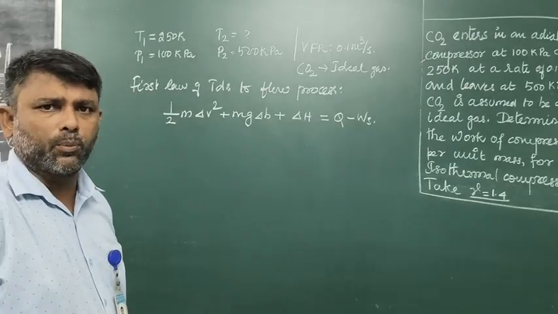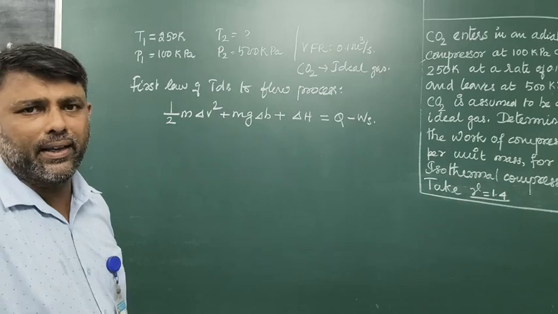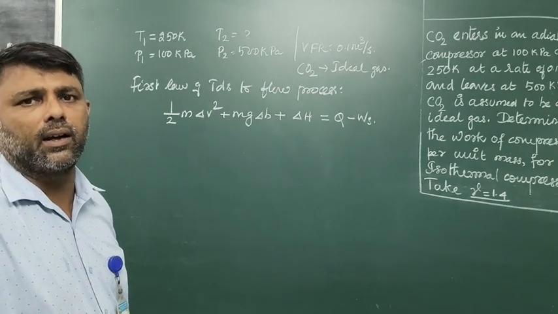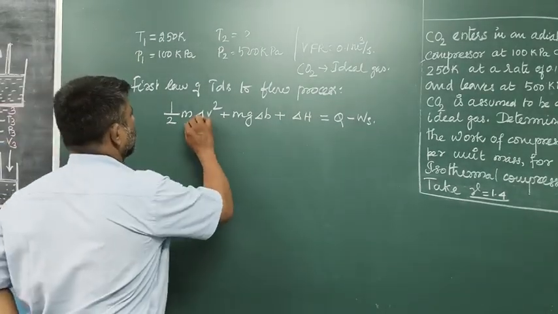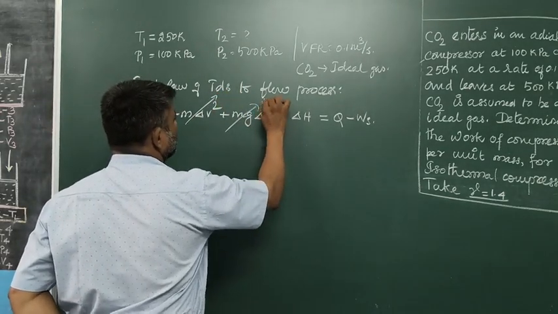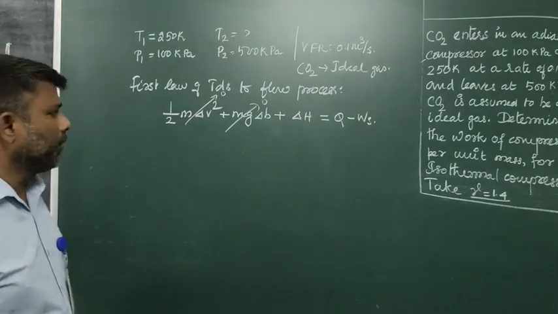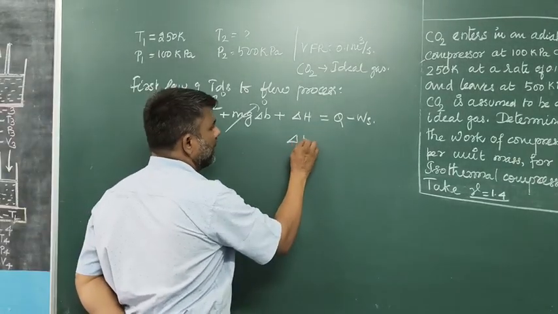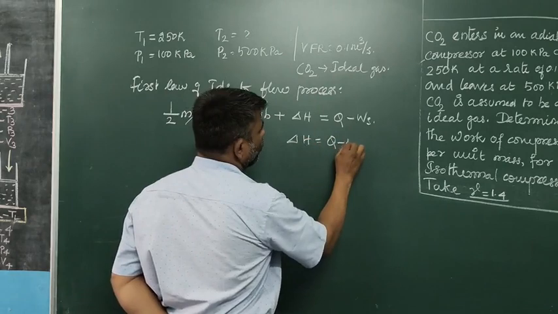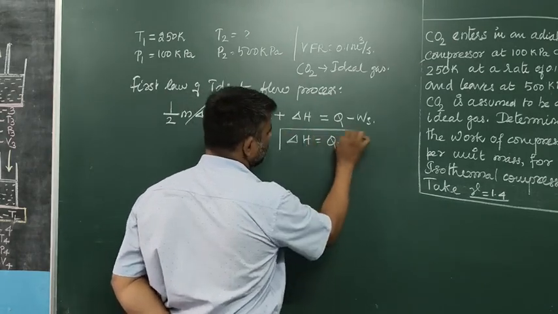Usually in industrial process, the role of kinetic energy and potential energy are assumed to be negligible. Their role is insignificant, hence these two terms are deleted from the equation. Hence the final equation: del H is equal to Q minus Ws.